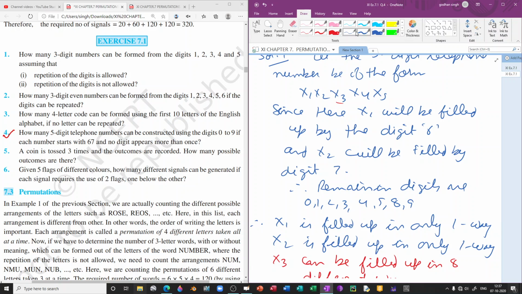This is one way. x2 in one way. x3 in how many ways? 8 ways. And this is 7 ways, and this is 6 ways.